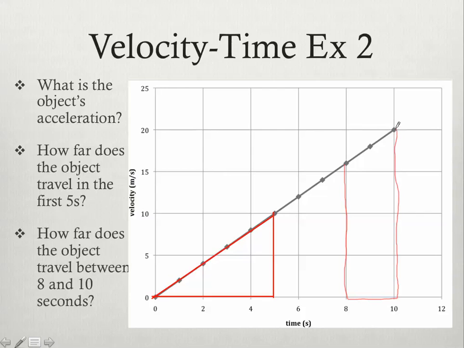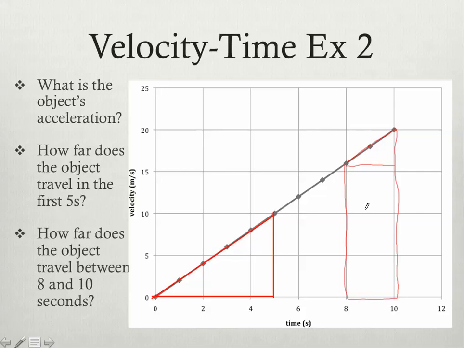And I promised you that you would be able to solve these as simple shapes. So if you look at this, you can see that it is a triangle on top of a rectangle. And you should be able to find the area of both of these shapes.